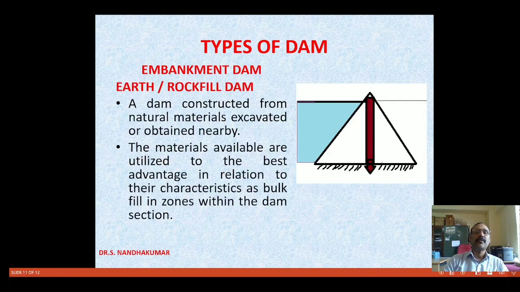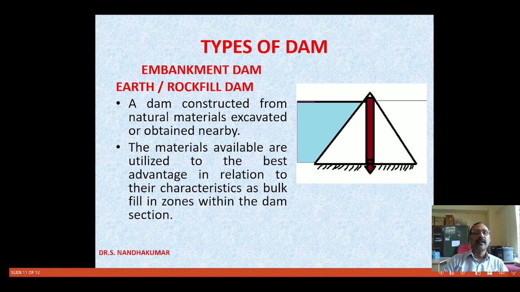Coming to the types of dam, embankment dams are another type. An embankment dam is built from materials that are locally available. It may be rock or soil, and sometimes we have to mix soil, rock and concrete to construct the dam.